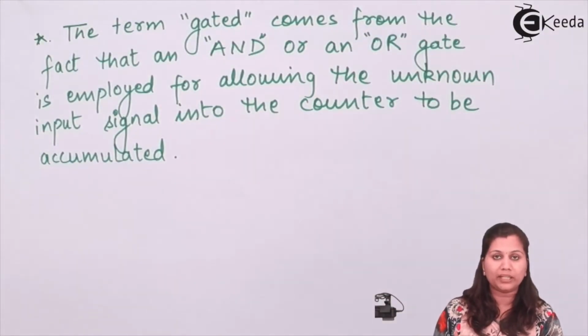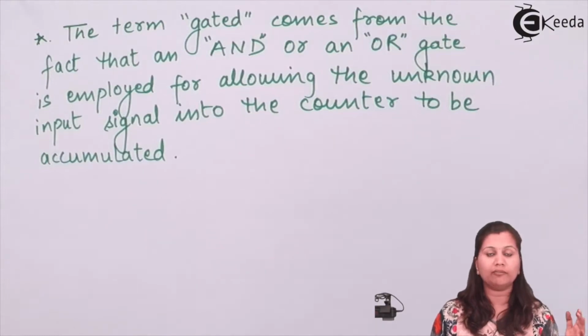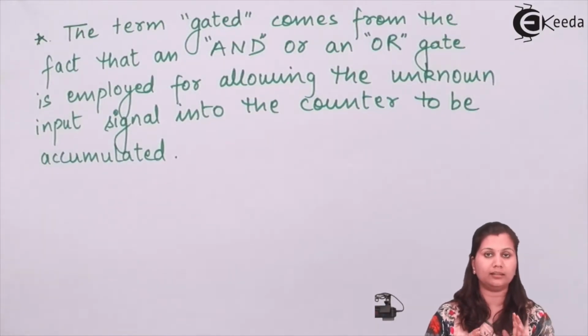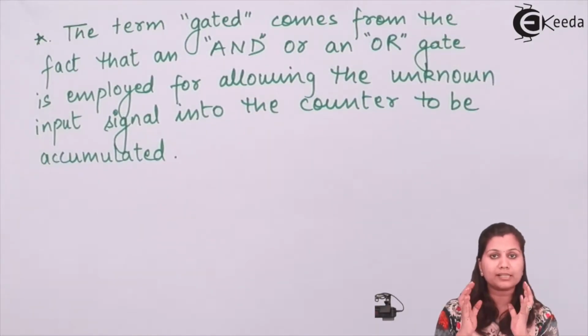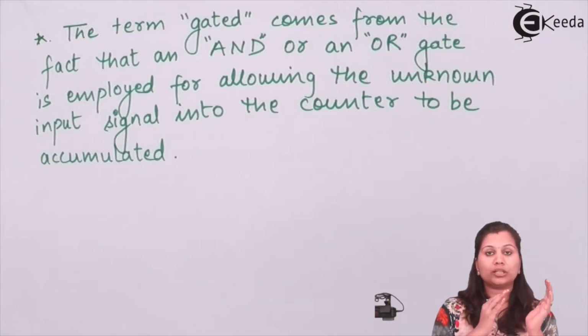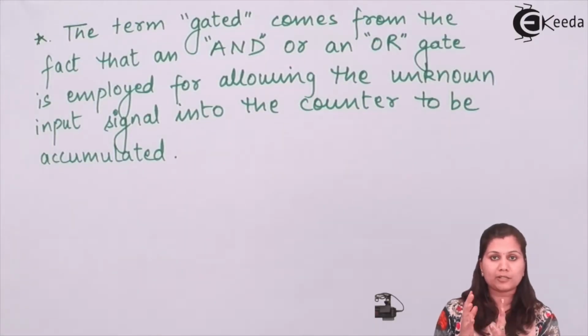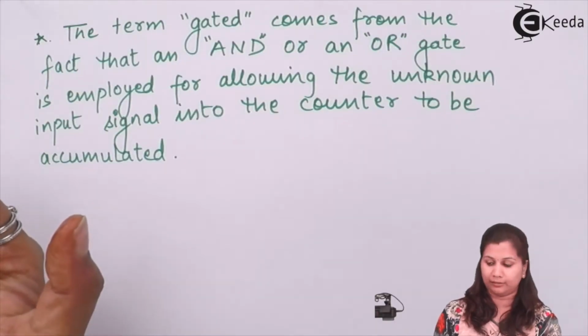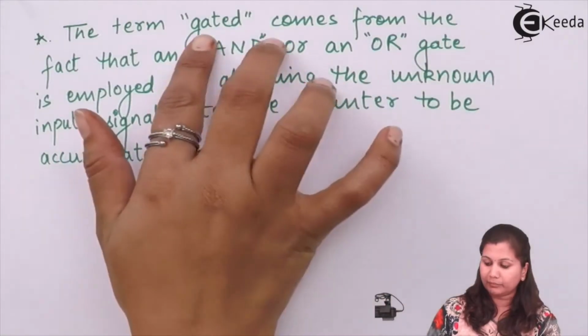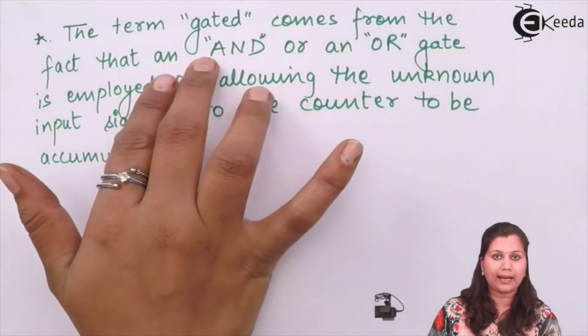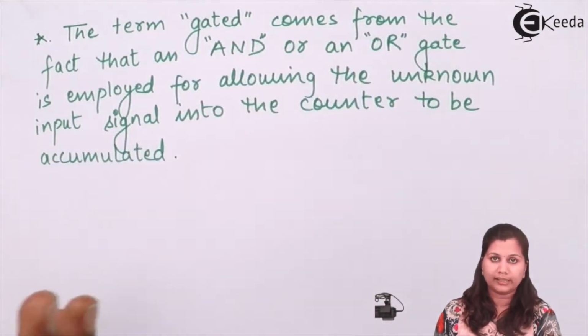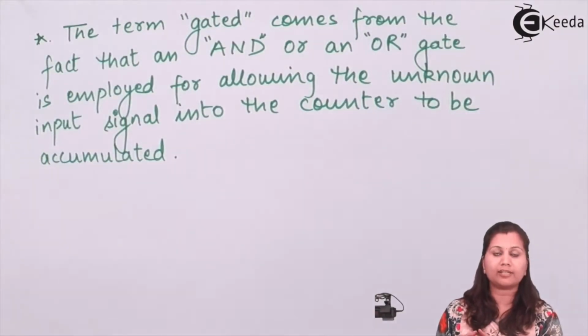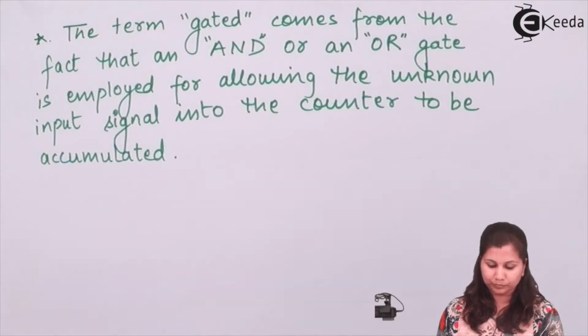In the digital frequency meter we pass an unknown signal to the counter for a fixed time interval, so the number of pulses which have passed to the counter in that period of time gives us the frequency of the input signal. That is why we use these gates, for allowing the signal to pass through the counter.